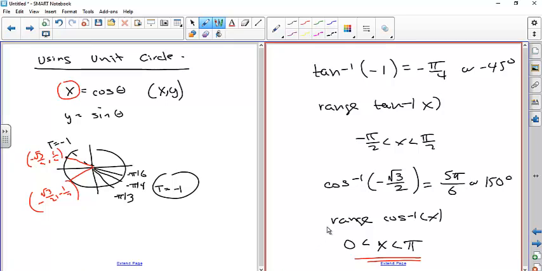Now, how did I do that without looking at the unit circle? Well, because this is pi. If I subtract pi over 6, because that's the closest mark to the negative x-axis, that's pi over 6. So if I take pi, which is 6 pi over 6, and I subtract 1, I get 5 pi over 6. If I have 180 degrees and I subtract 30, I get 150. But you can just read it off the chart.